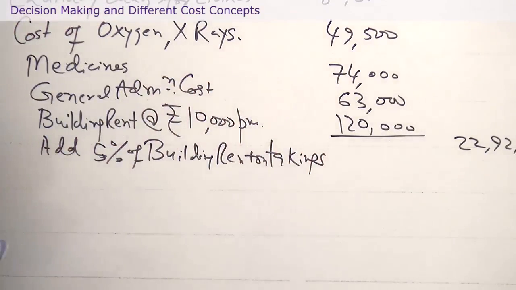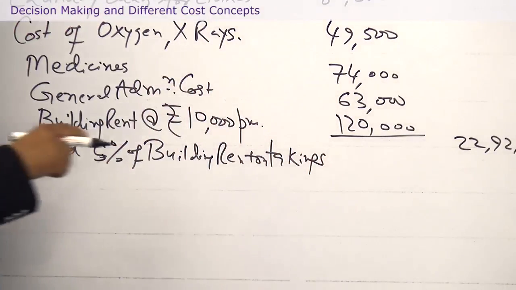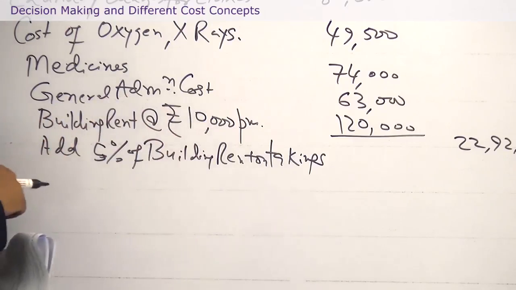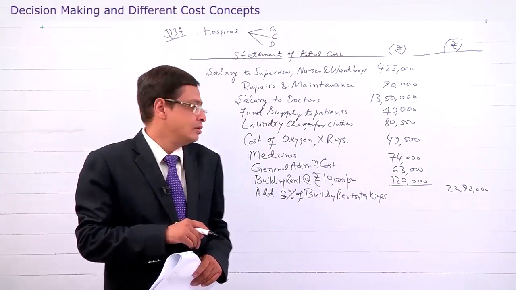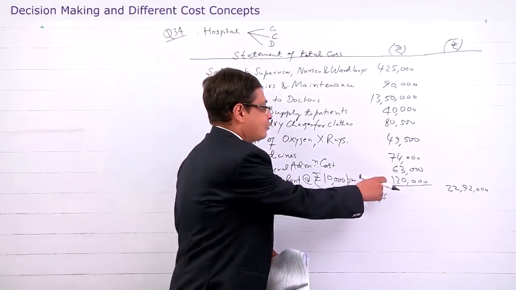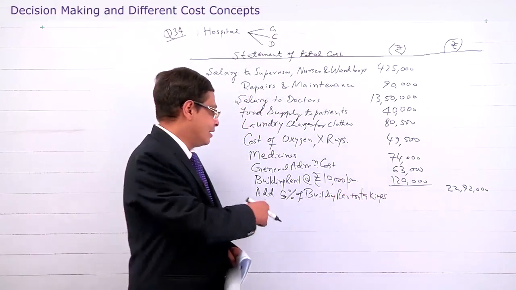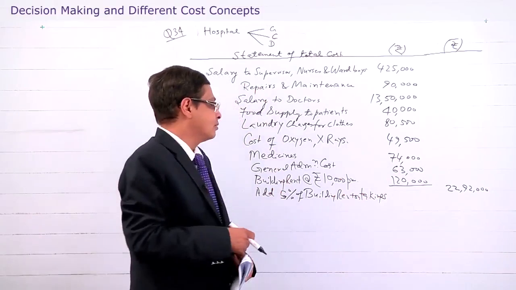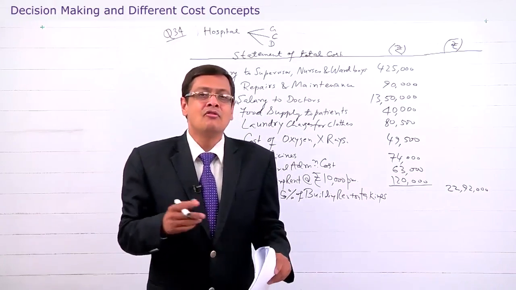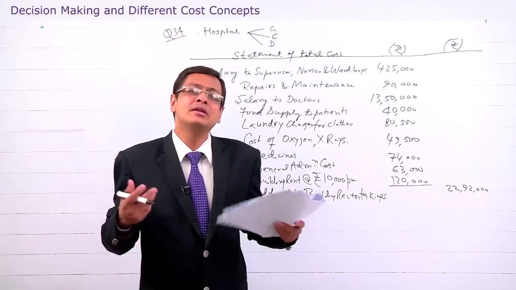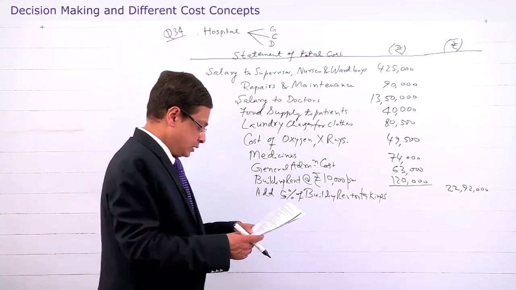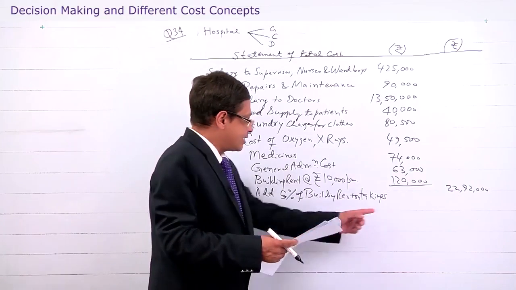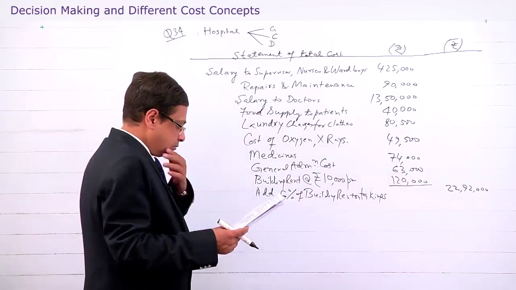This means the hospital pays rent in two parts. It pays a fixed sum of 10,000 per month. For a year it is 1,20,000, and it gives 5% on the takings, meaning 5% based on what it gets finally. So if you see that figure, we have to consider it in our calculation.